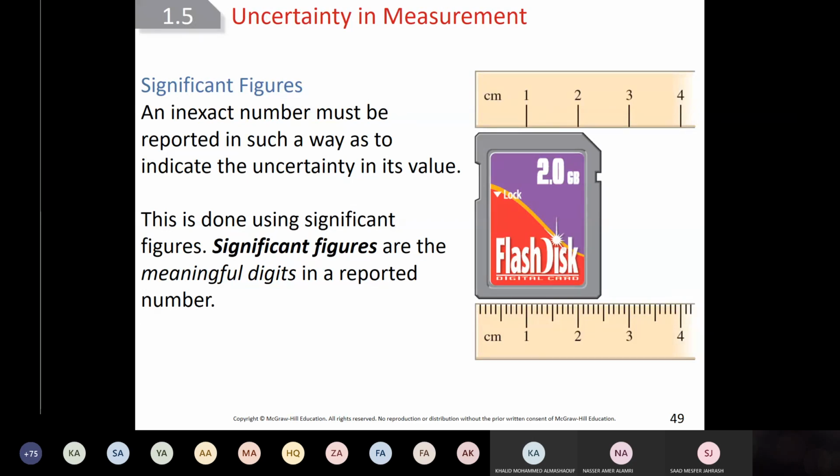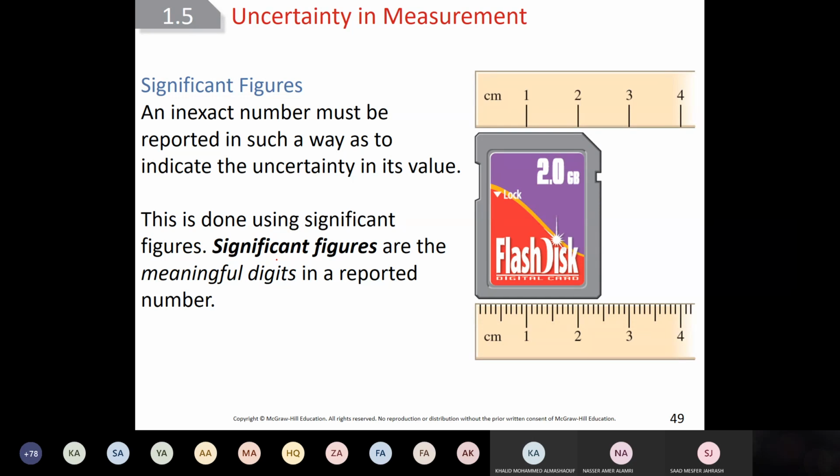All right? Okay. The last thing I talked about last time was actually the significant figures, and we will continue the discussion about significant figures. What do you mean by significant figures?